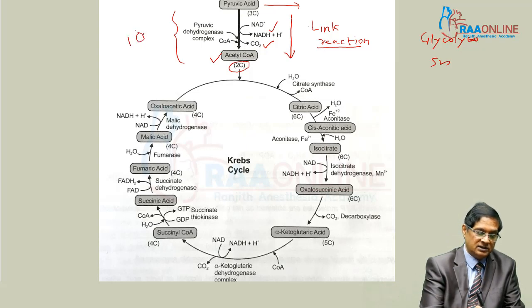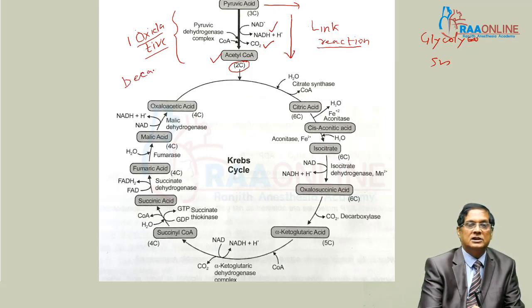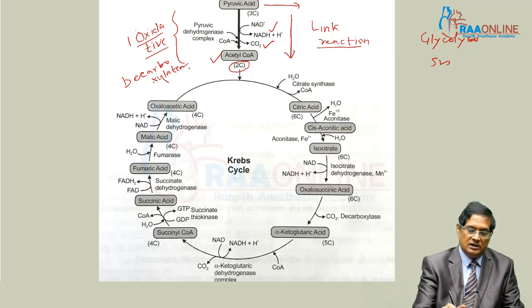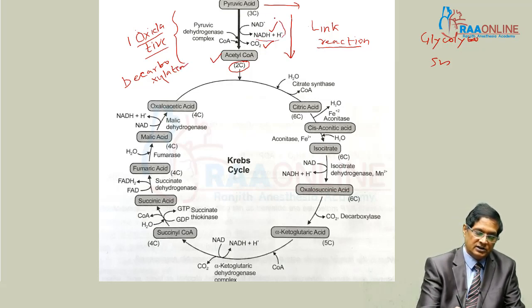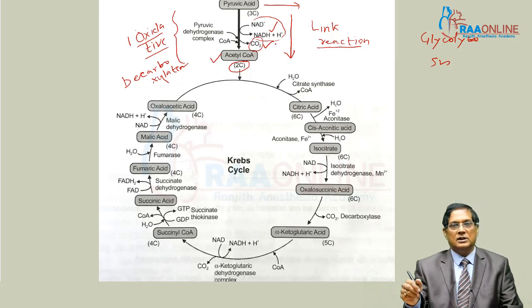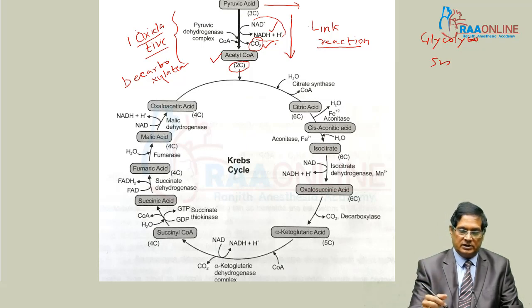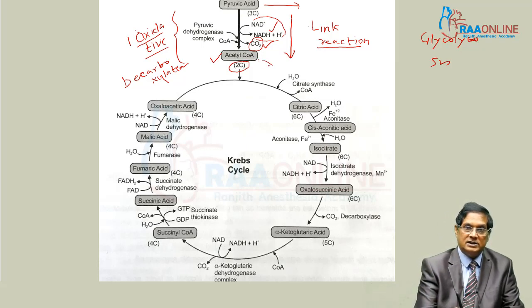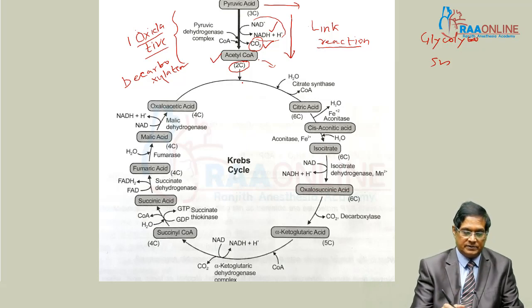This step is known as oxidative decarboxylation, because oxidation as well as decarboxylation are both involved. Why oxidation? See this one. This is oxidation and this is decarboxylation. So collectively termed as what? That is oxidative decarboxylation.